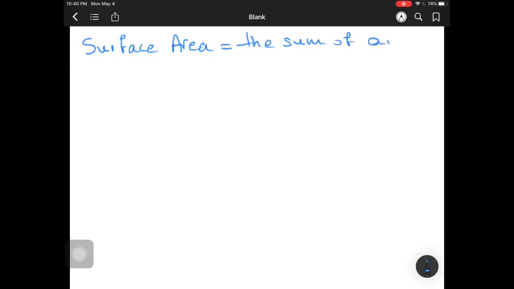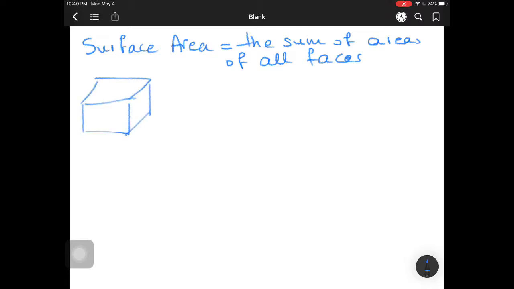of areas of all faces. So for example, if you have a tank and you want to fill this tank with water, now we're talking volume.